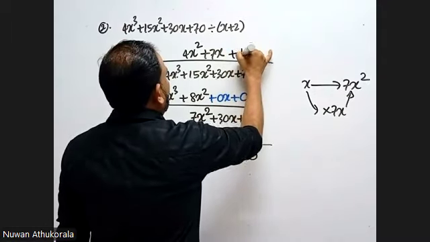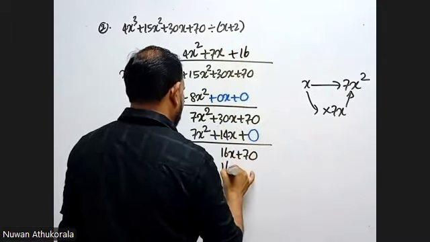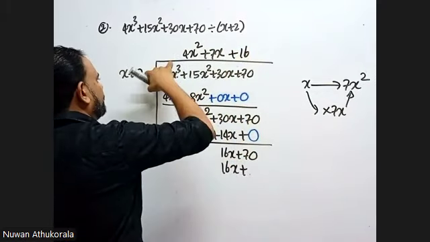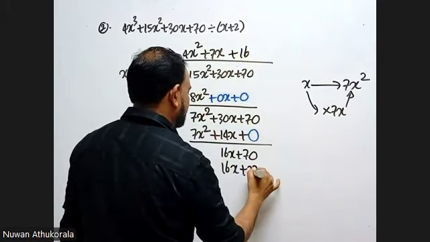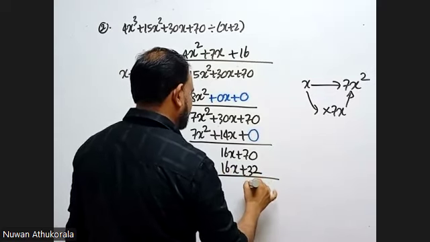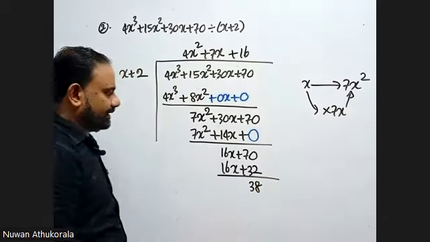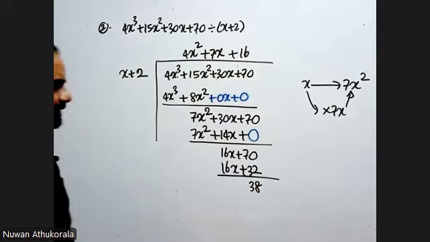x should be multiplied by 16. 16 into 2 becomes 32. Remainder is 38, right?